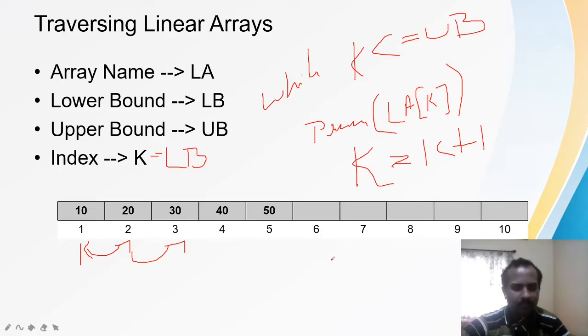So I'll just write process LA of K. Before that, K or the counter value is initialized to LB, that is lower bound. After processing the first element, I am going to increment the counter value, so K is equal to K plus 1. After that, I am going to repeat the loop here.